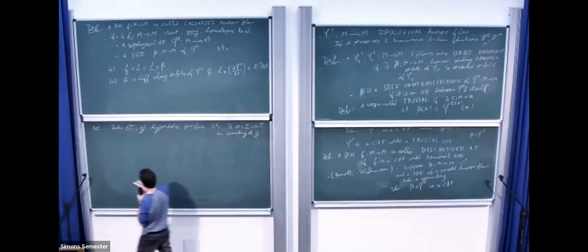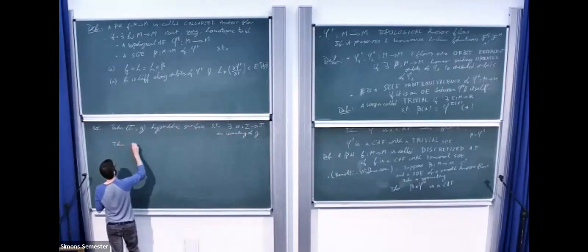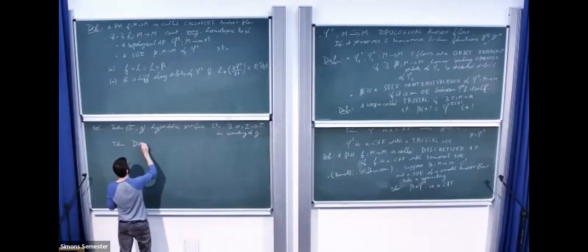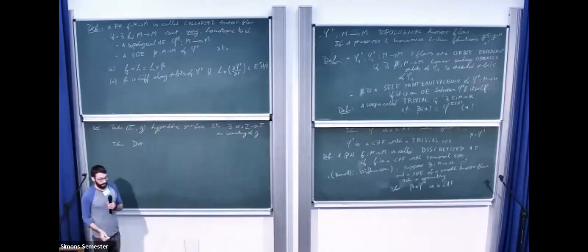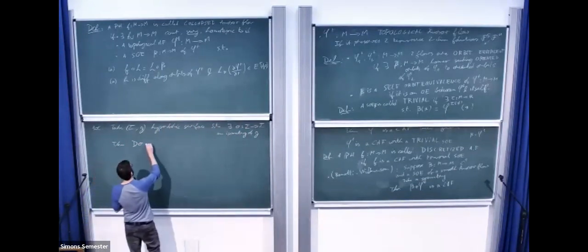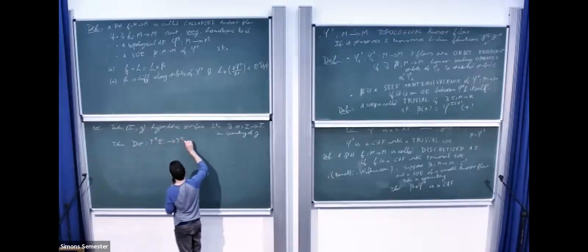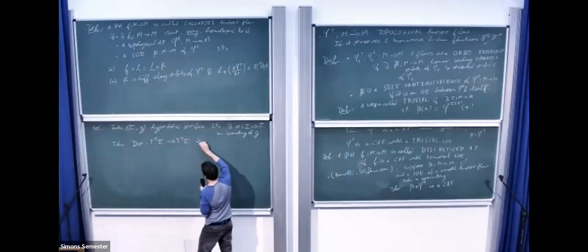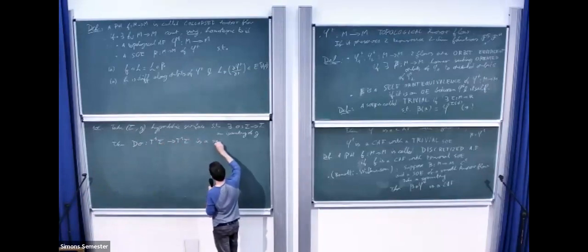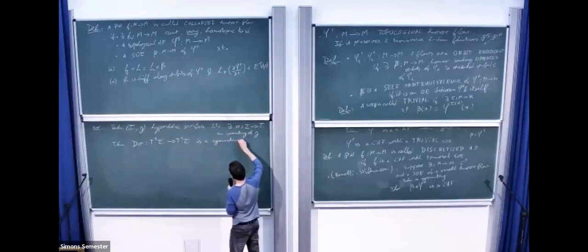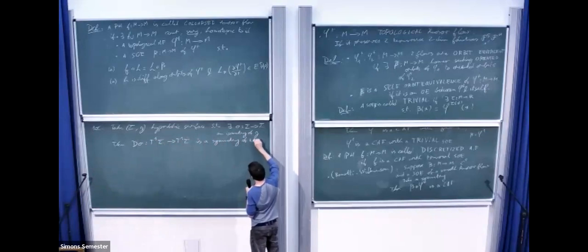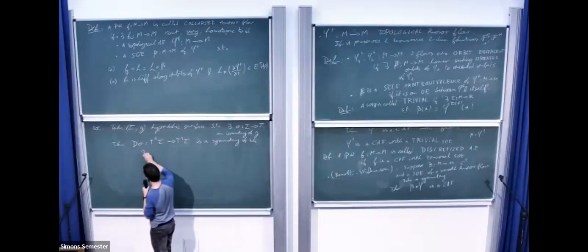Then if you take the derivative of sigma, D sigma from T1 Sigma to T1 Sigma, it is a symmetry of the geodesic flow.